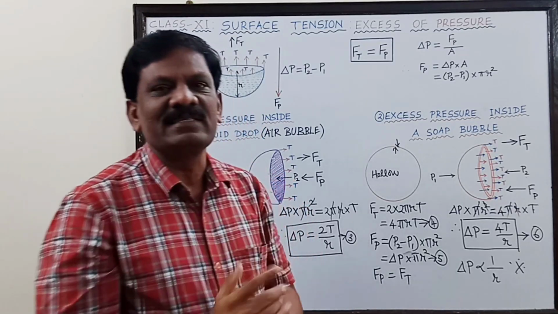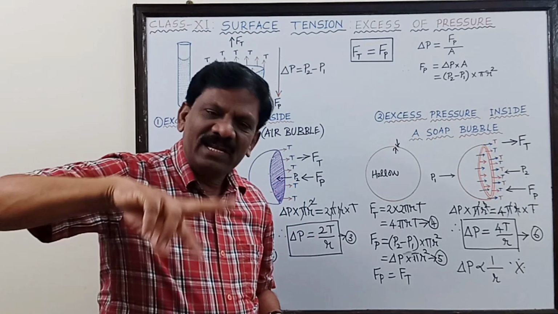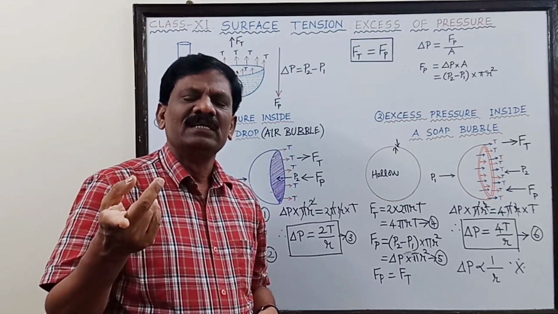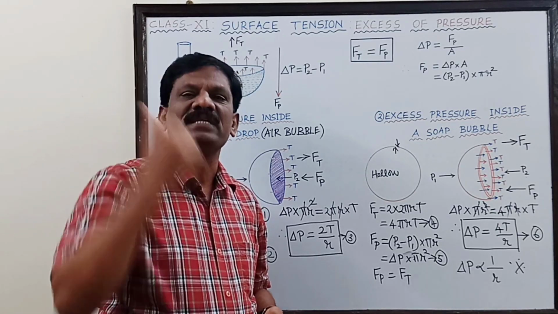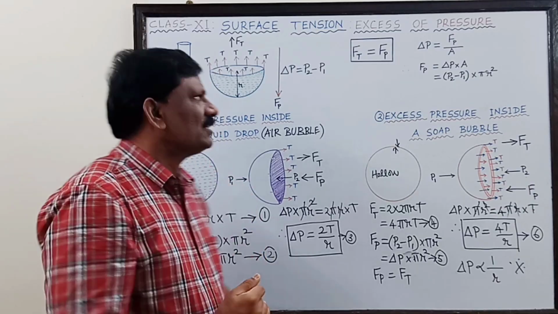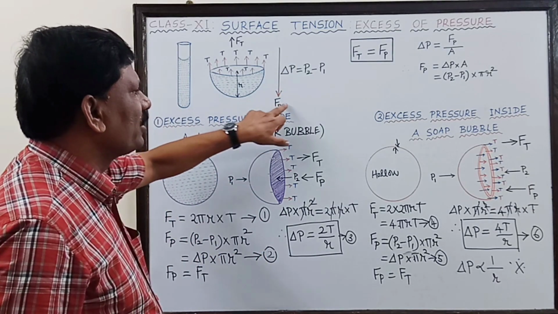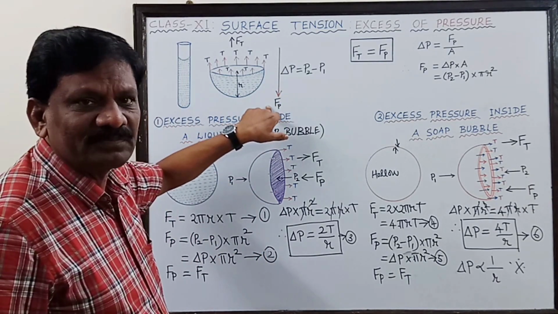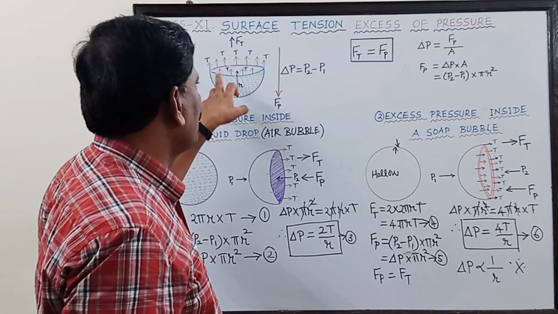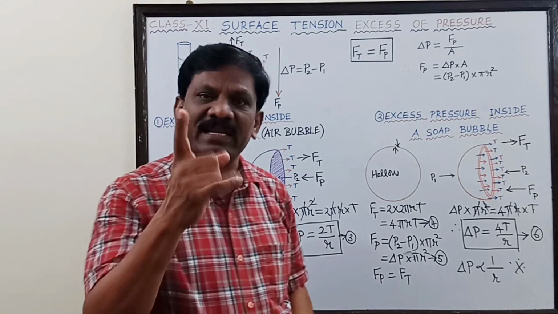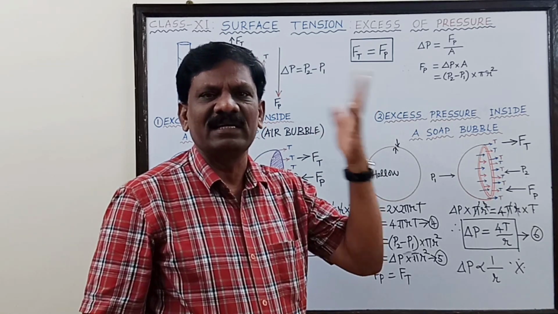That force only is due to the pressure difference between the liquid surface or inside the liquid and outside the liquid surface. So now children, a force due to pressure difference is created. We have already studied that the pressure on the concave side will be greater than the convex. Is it not?